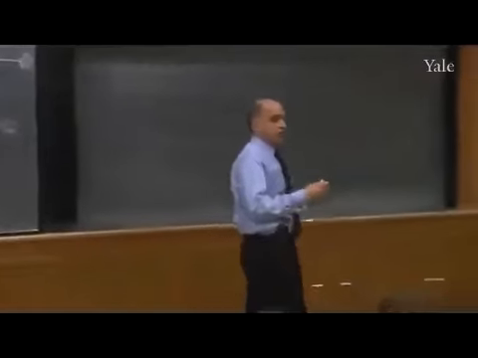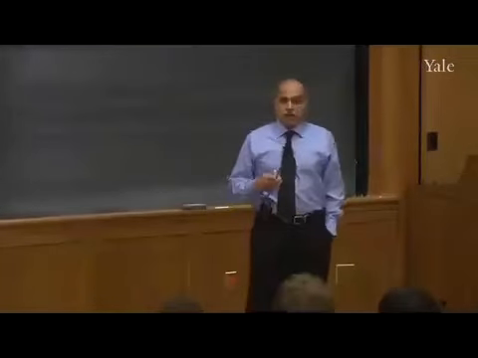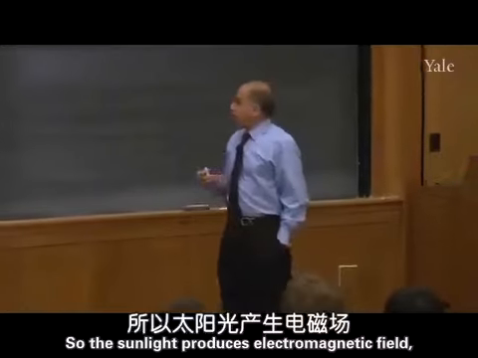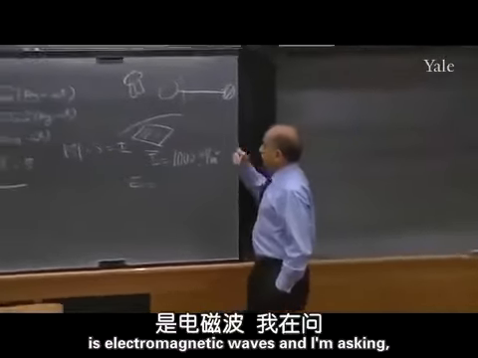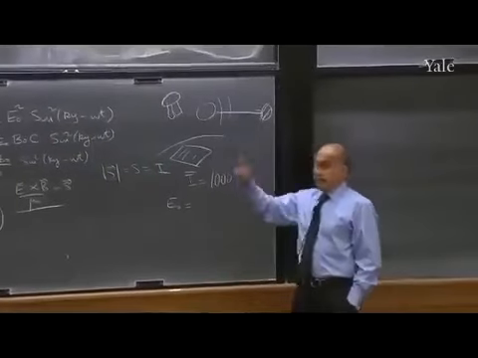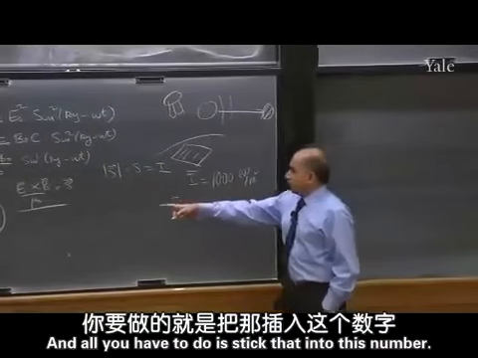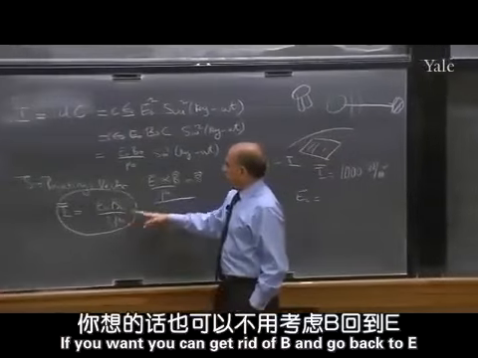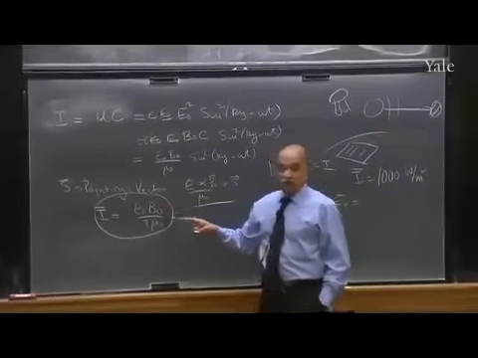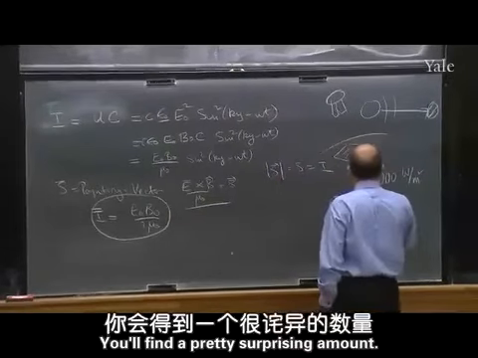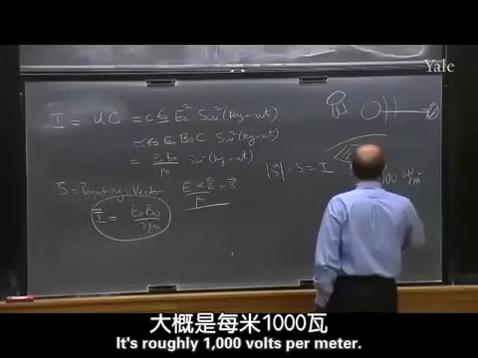Because that light is going to be just electric and magnetic field. That's all light is. So the sunlight produces electromagnetic field, it is electromagnetic waves, and I'm asking, how big is the E vector? And all you have to do is stick that into this number. If you want, you can get rid of B, go back to E. E is just B times c. You'll find a pretty surprising amount. It's roughly 1,000 volts per meter.